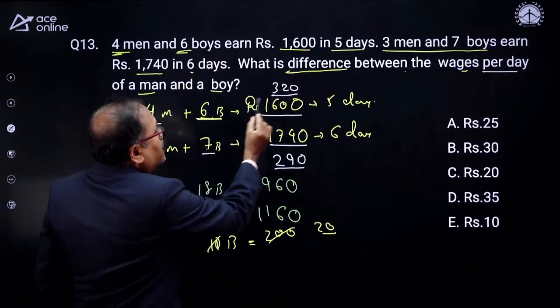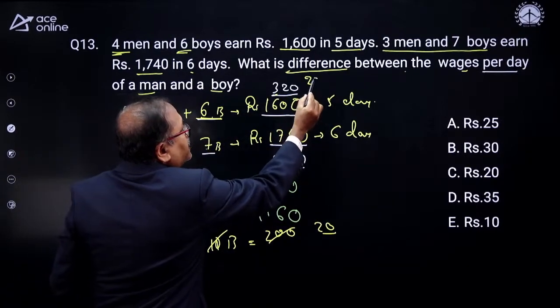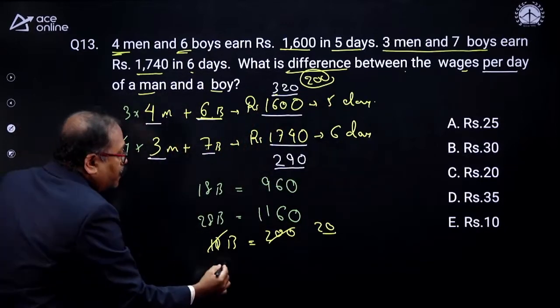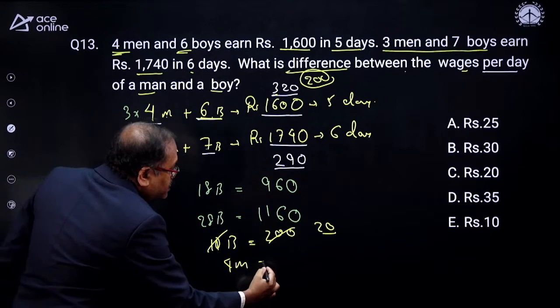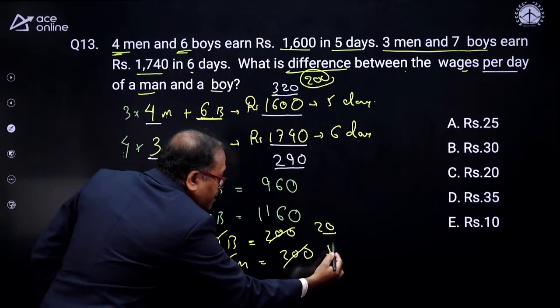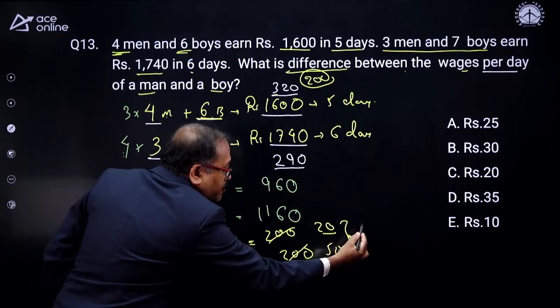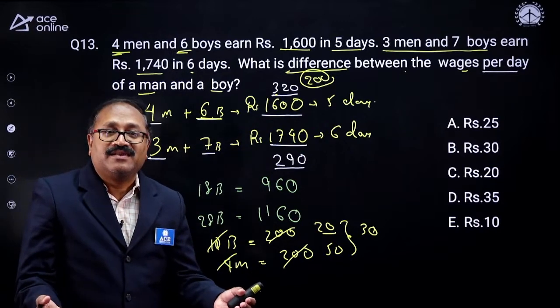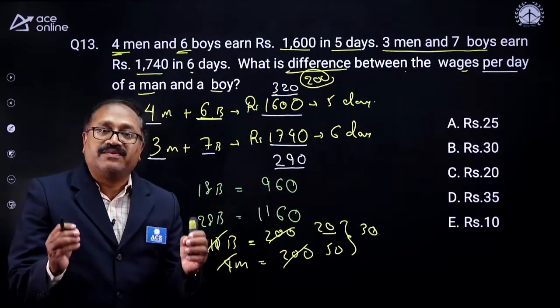So when you take out 120 from here, you are left with 200. So what is 200? 4m. 4m is equal to 200. Then what is m? m is equal to 50. So you are asked to find the difference, which is 30. That's over, my friend.